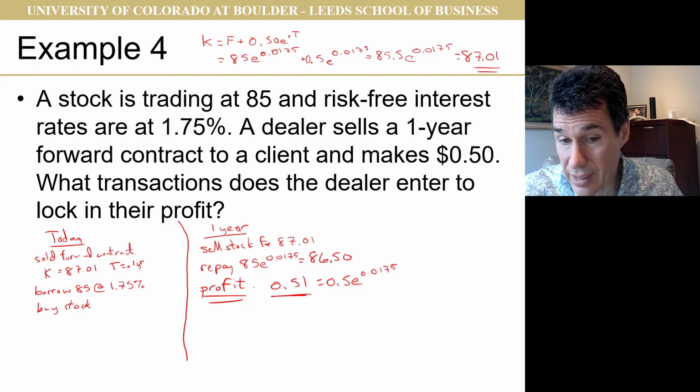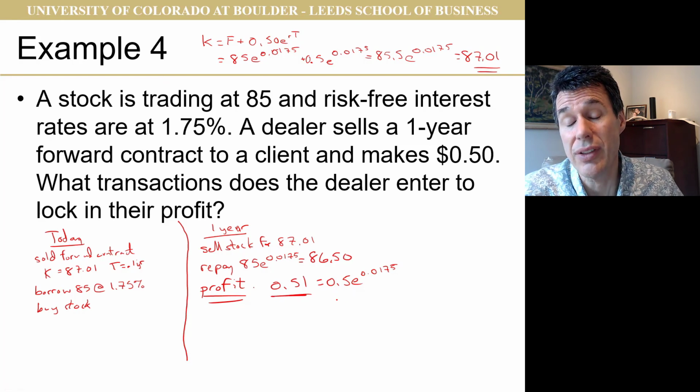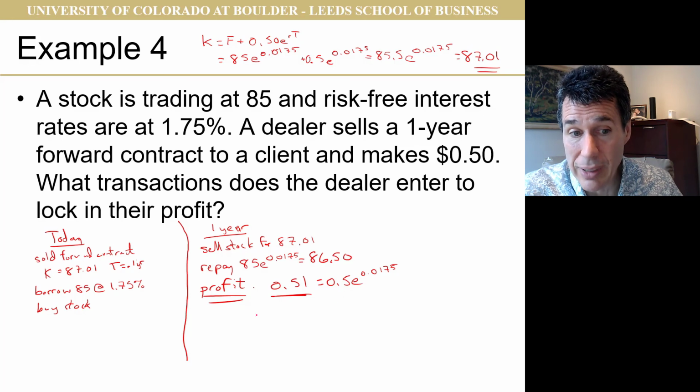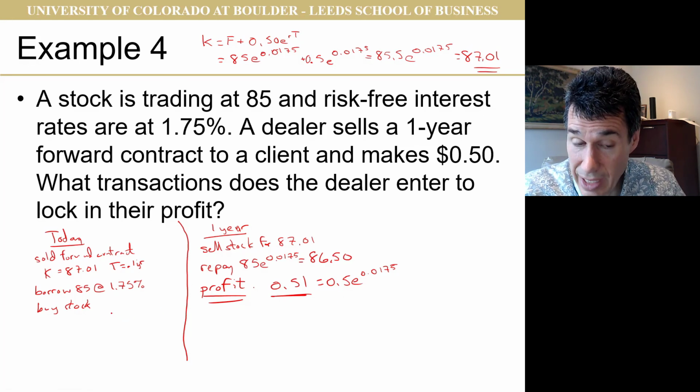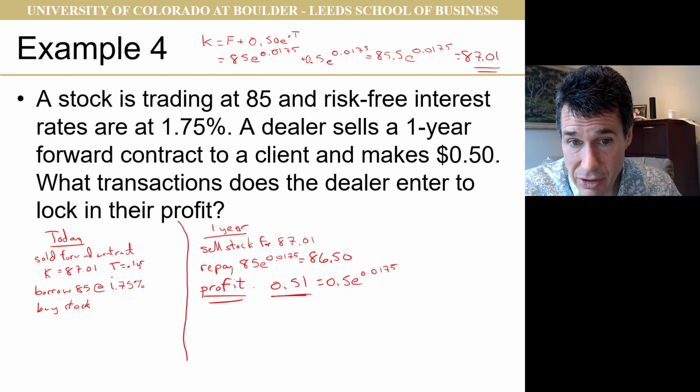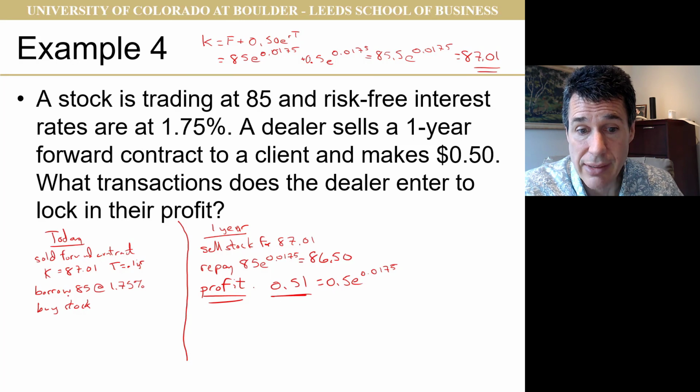His profit at the maturity of the transaction is the 50 cents grown at the risk-free rate. His profit at the beginning of the transaction is, of course, the 50 cents. So basically, through these transactions, the basis of the arbitrage arguments, this dealer can trade in such a way that they are guaranteed the profit.